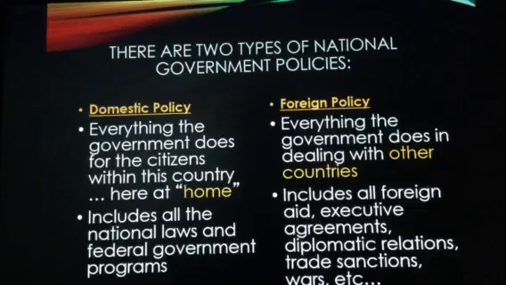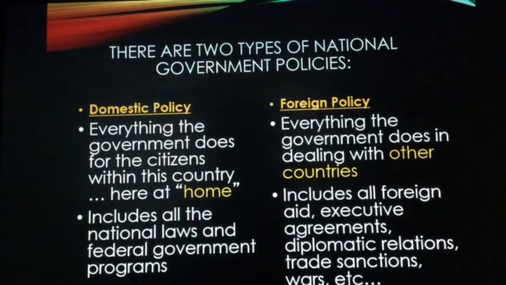There are 2 types of policies that governments make to achieve goals. One is domestic, the other would be foreign. Domestic policy is everything the government does for its citizens within this country, here at home. These are national laws and federal government programs. Also, they could be state and local programs, state laws.